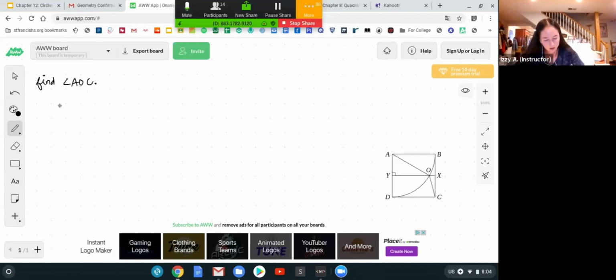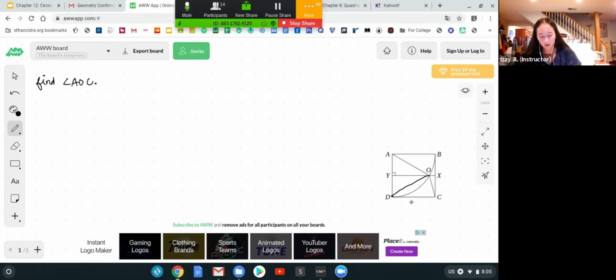Okay, so we want to draw OD, so that we can try to use triangles and see if we can figure out what angle AOC is. Pretend that's a straight line. OD splits angle AOC.